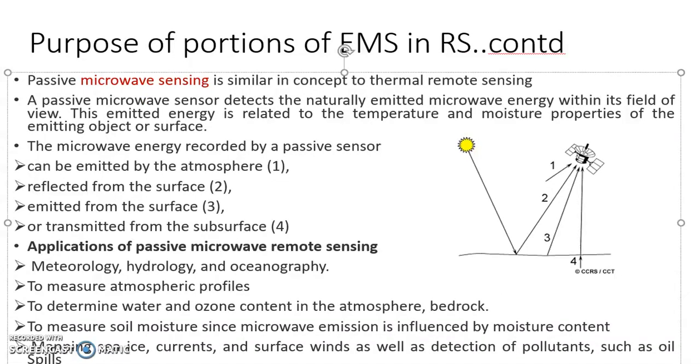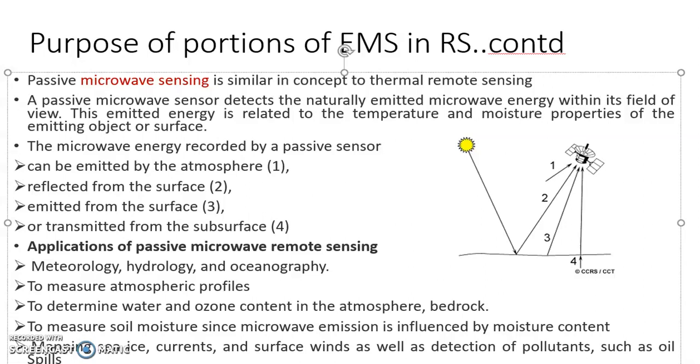The microwave energy recorded by passive sensors can be one of these four types. Emitted by the atmosphere, it can be reflected from the earth's surface features, it can be emitted by the surface. Now, which is the energy which is emitted by the surface? We all know Earth is also one of the radiating objects, right? So we have magma flowing inside the core. In case there is a volcano or any other reason, the Earth can be radiating out heat.